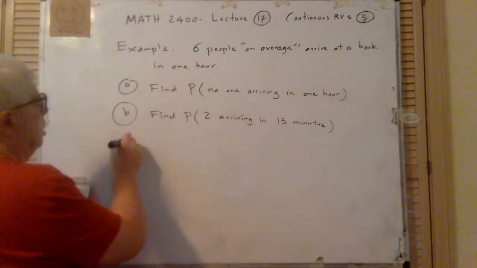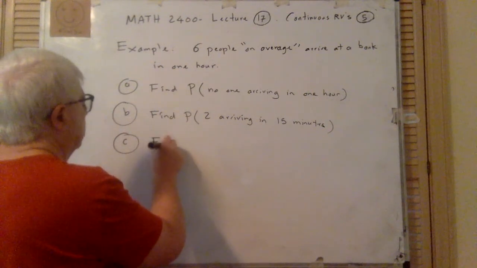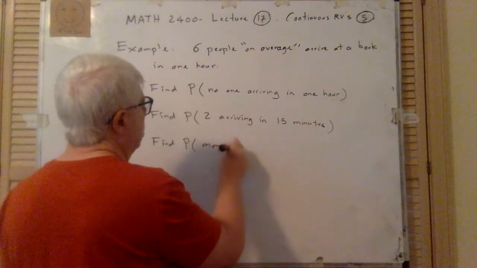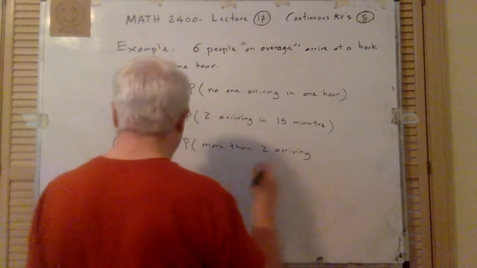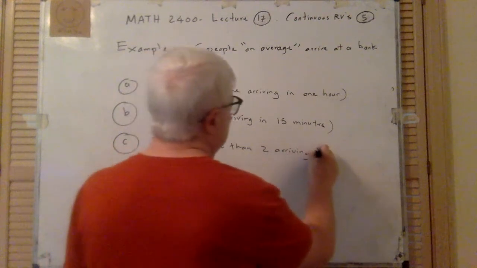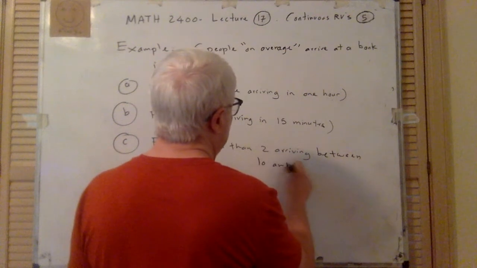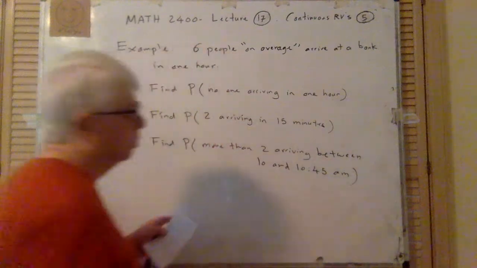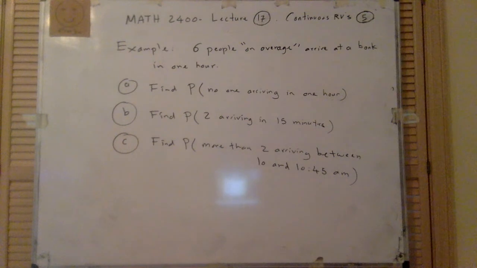And C: Find P of more than 2 arriving between 10 and 10:45 a.m.